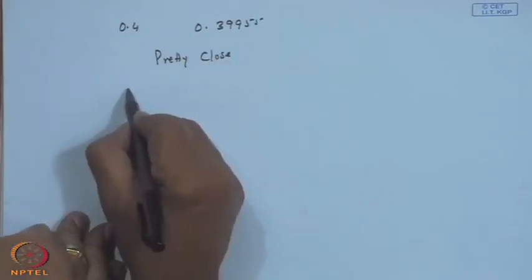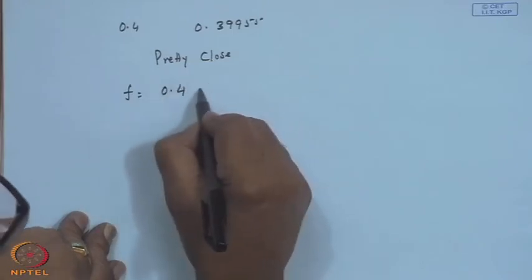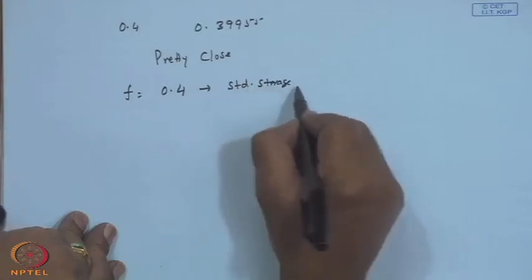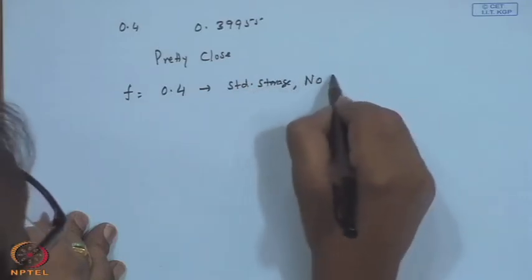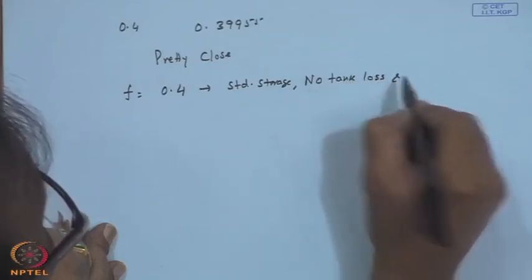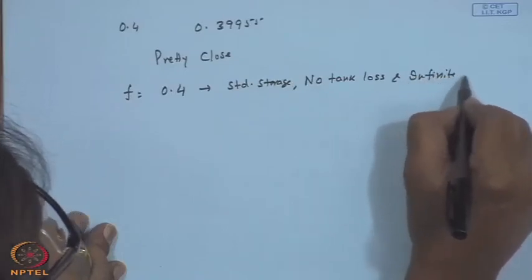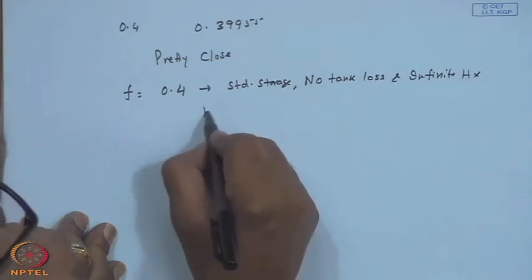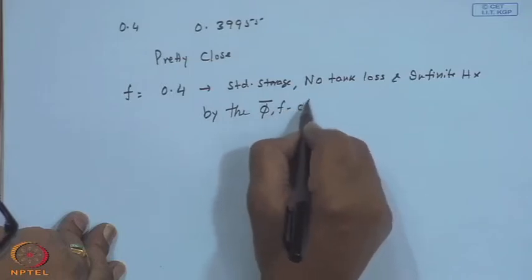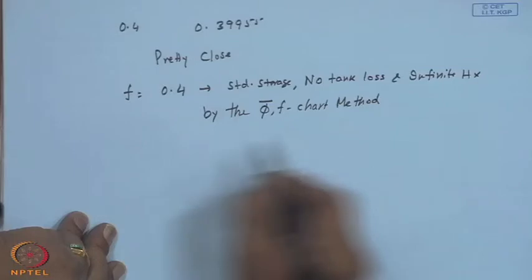So, you got f of 0.4 for standard storage, no tank loss, and infinite heat exchanger by the phi bar f chart method for the same space heating system.